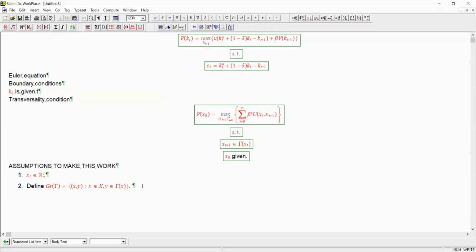The assumption is that the graph of gamma is convex. You should know what convex means. If it has, for any two elements in the set, in this case the graph of gamma, any points in between those 2 points must also be in gamma.